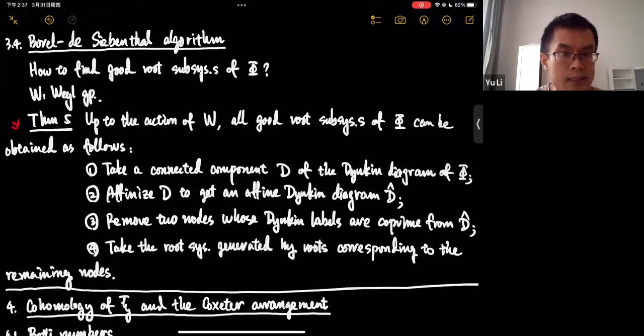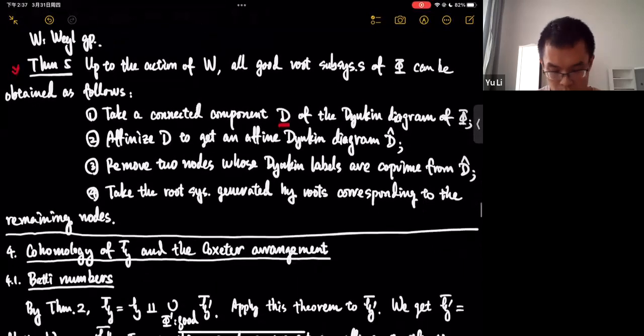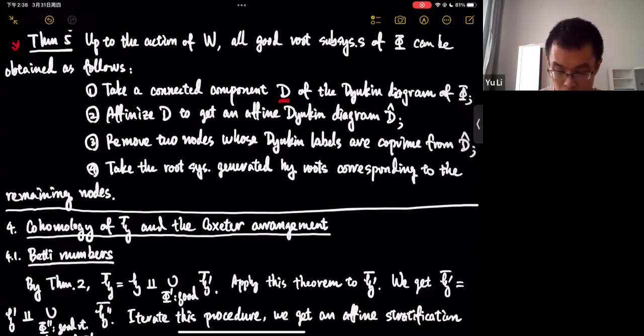What you do is you first take a connected component D of the Dynkin diagram of Phi. Here I'm just taking care of the case where the Lie algebra g is semisimple but not simple. Then for this connected Dynkin diagram D, I can affinize it.